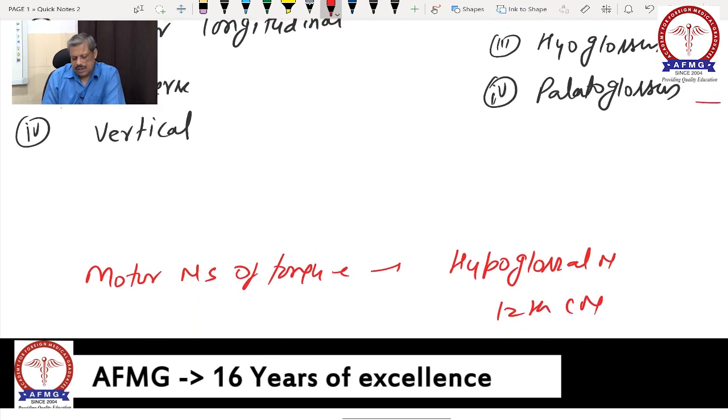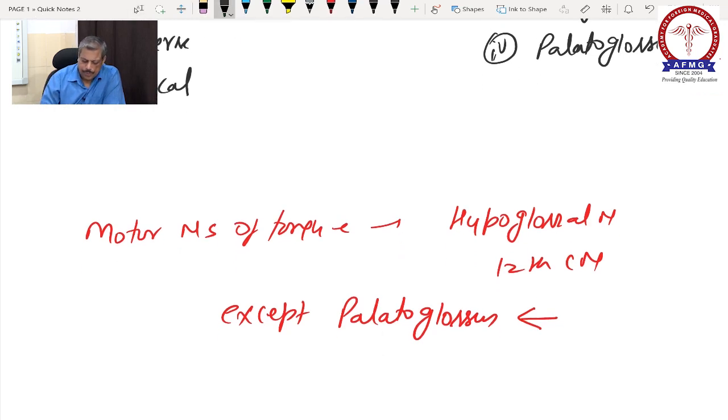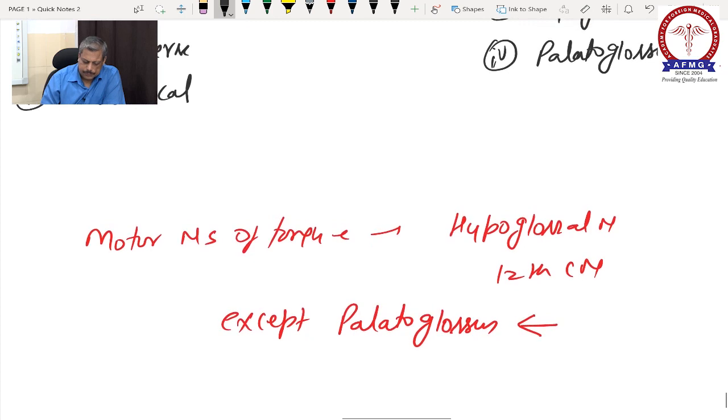So all the muscles of the tongue are supplied by the hypoglossal nerve except palatoglossus. This palatoglossus will be supplied by the pharyngeal plexus.